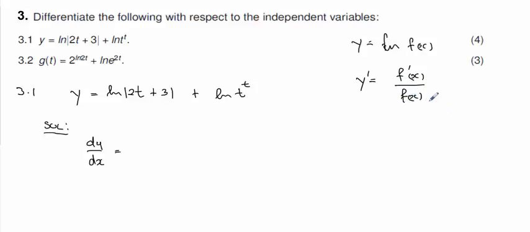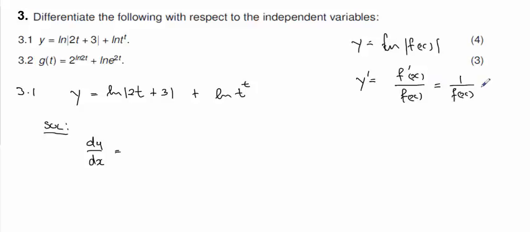Now, for finding a way of remembering this, a trick for memorizing, of course memorizing with understanding, you must unpack this and see that this is 1 over f of x, and notice that f of x here is the argument of the ln function.